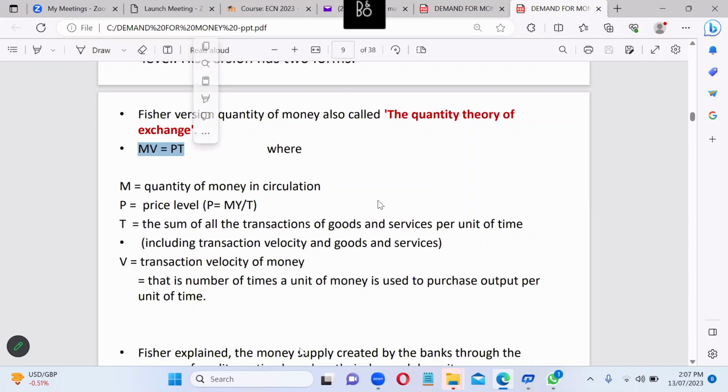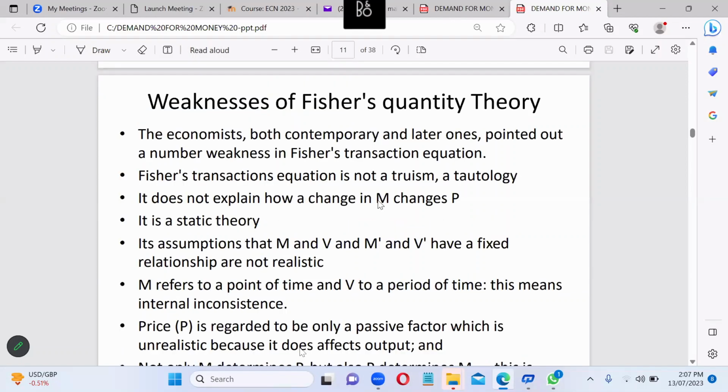The Fisher transaction equation is not a truism and it does not explain how a change in M changes P. It is a static theory. Its assumption that M and V, and M1 and V1, have a fixed relationship is not realistic. So it only gives the relationship between MV and PT.